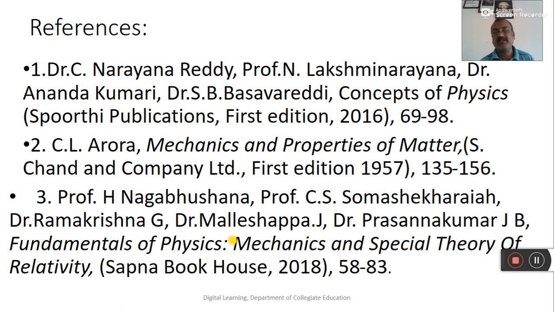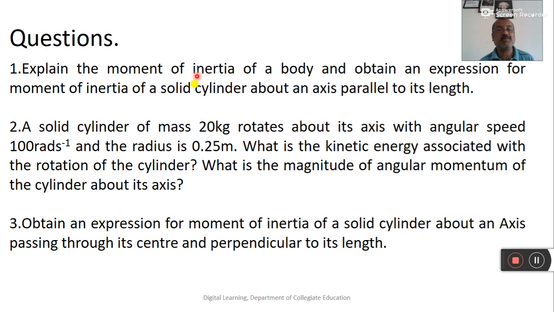By this, I want to conclude this session. Here in this session, these are the important questions, main questions. They may appear in your examination. We have to prepare for explaining the moment of inertia of a body and to obtain an expression for moment of inertia of a solid cylinder about an axis parallel to its length.